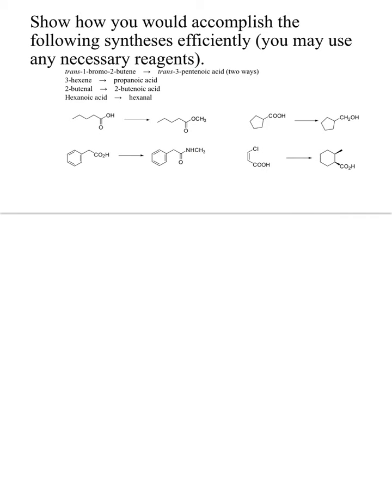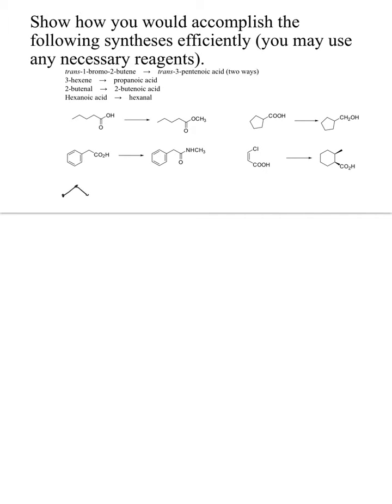All right, the next set of reactions: how would you accomplish the following synthesis efficiently? You may use any necessary reagents. All right, so let's look at these. We have to draw the structures. Trans 1-bromo-2-butene.